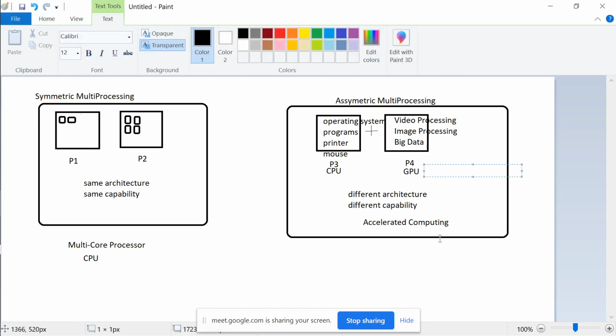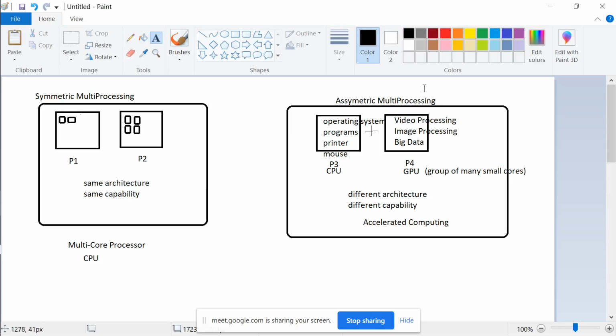Your GPU is like an office of many small cores, or a group, we can say. I'm just saying office because I took the example of mother and father, but this is like a group of many small cores. When you bring many cores together, they are able to do a lot of things.